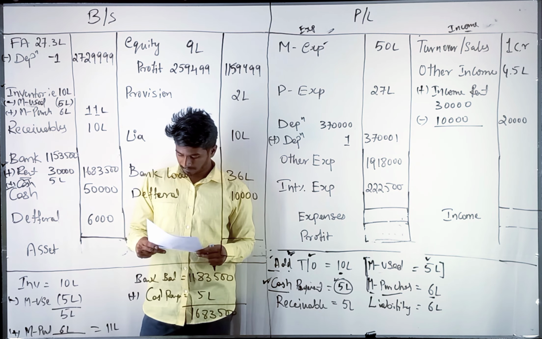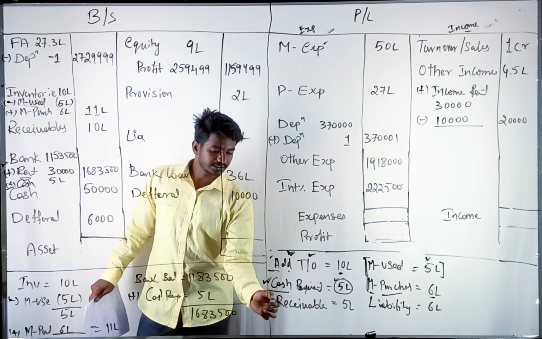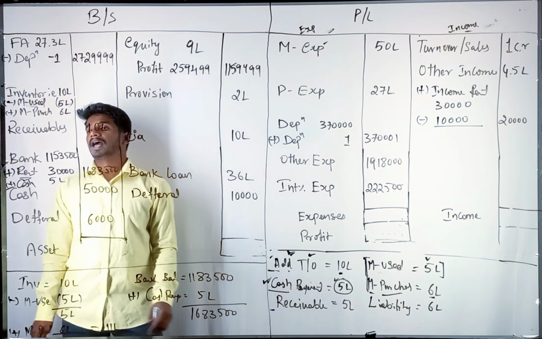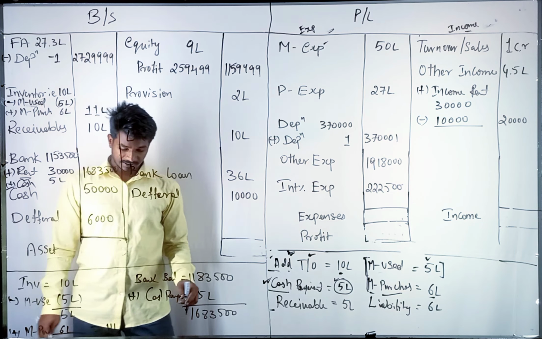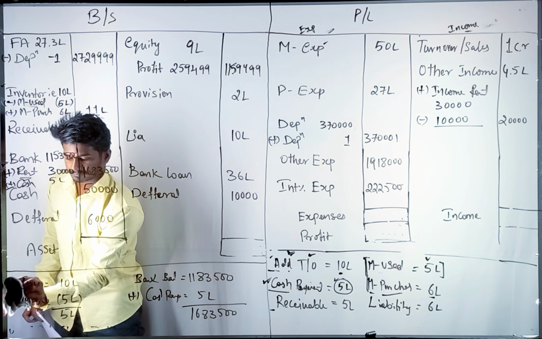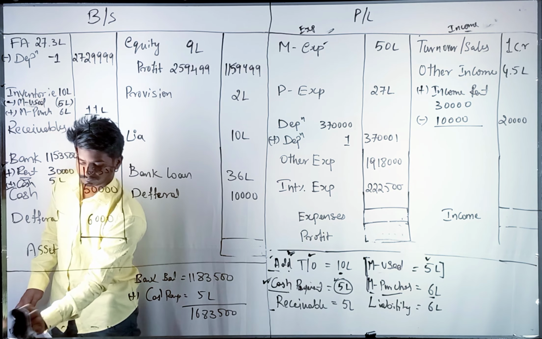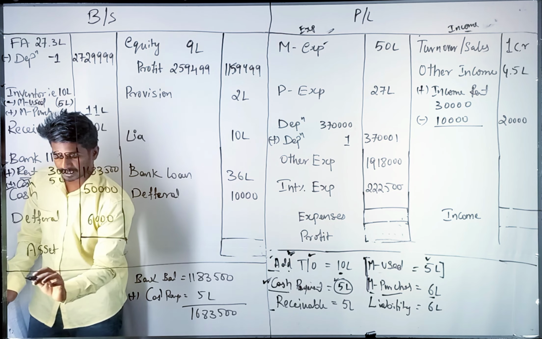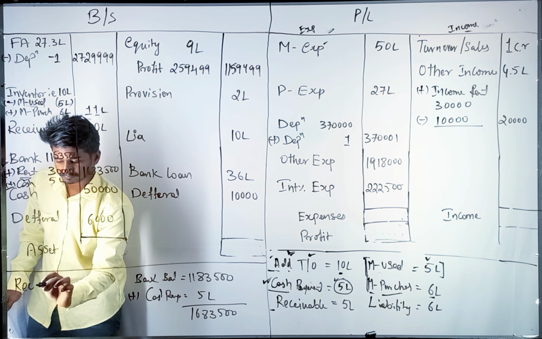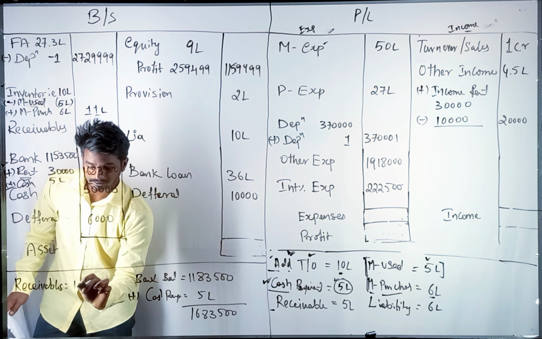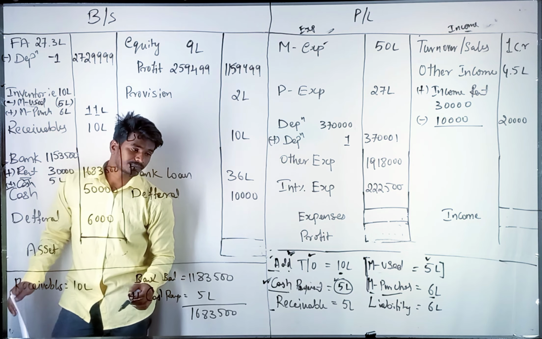Then what we have? Then we have receivables, right? Receivables is 5 lakh. Already we have receivables. So receivables we have 10 lakh rupees. Is that correct?